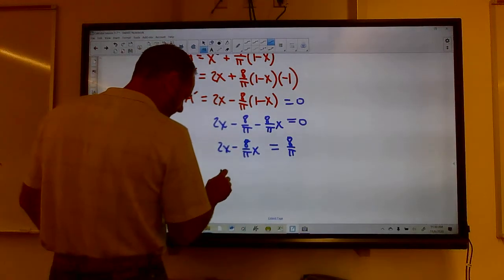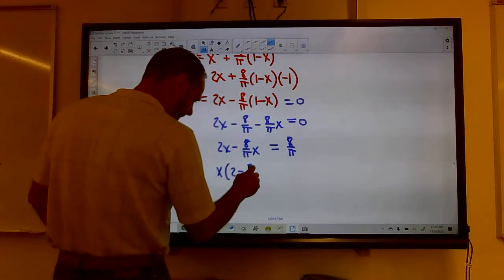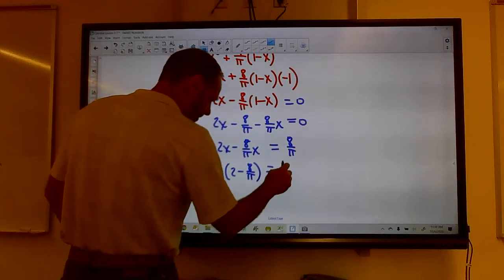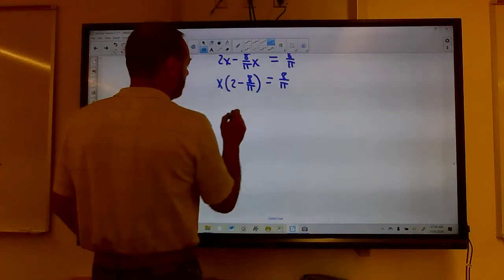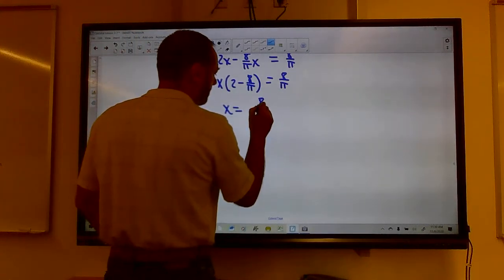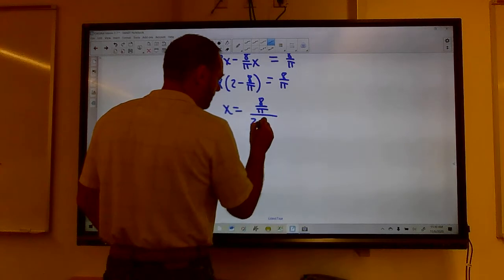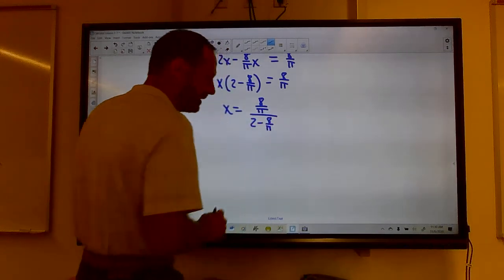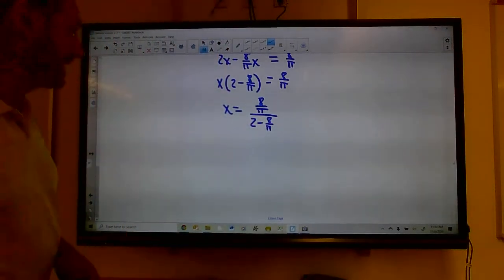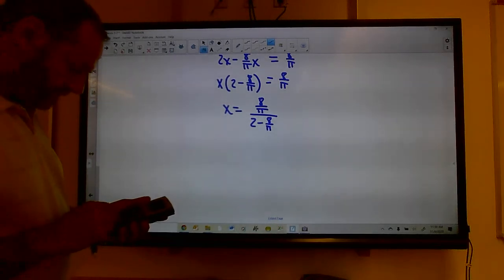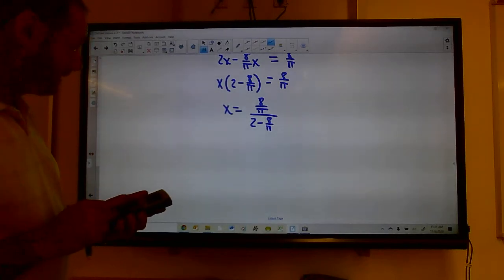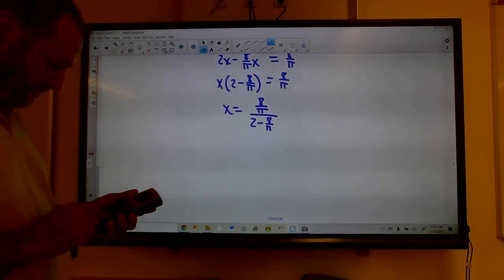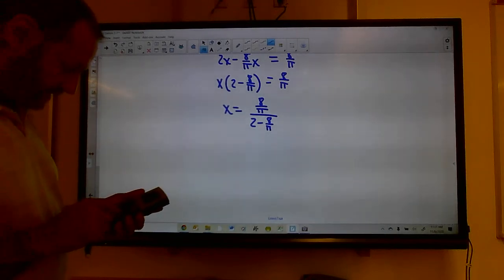If I factor out an x, I get 2 minus 8 over pi. And now that's a constant, so I can divide that over there. I'm going to get out my calculator at this point and figure out what that is. So 8 divided by pi divided by 2 minus 8 divided by pi.